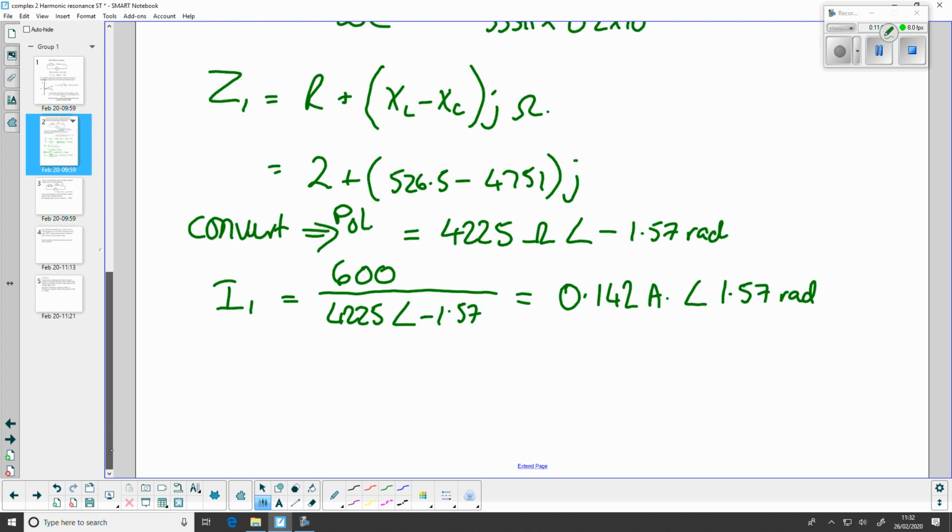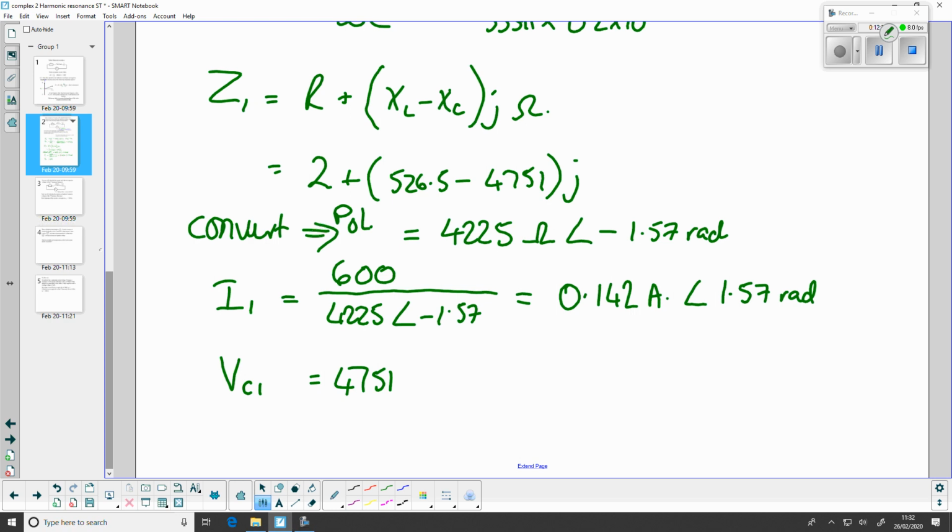So that's the current due to the fundamental 600 volts. Then we can find VC at the fundamental, VC1 I've called it. That's the 4751, not worried about the angle. That's the XC.